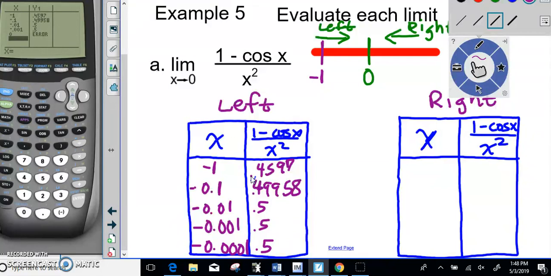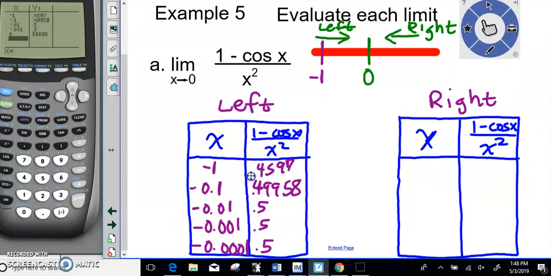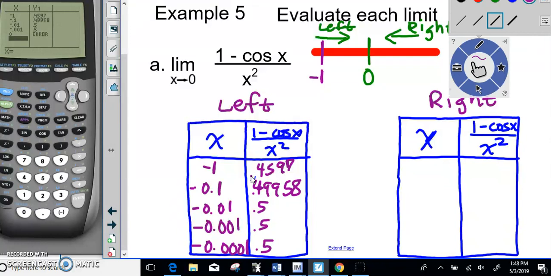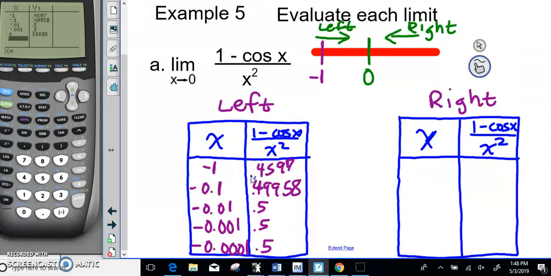Okay, so now at this point, we're going to go to the next side and talk about this table after we finish this part. So now we're talking about the right side. So we're going to start with the number 1 and go down this direction.